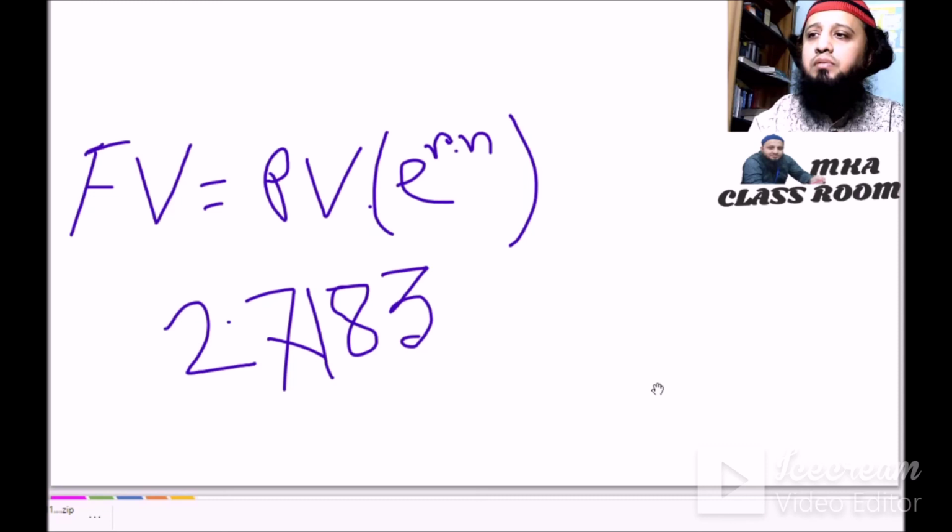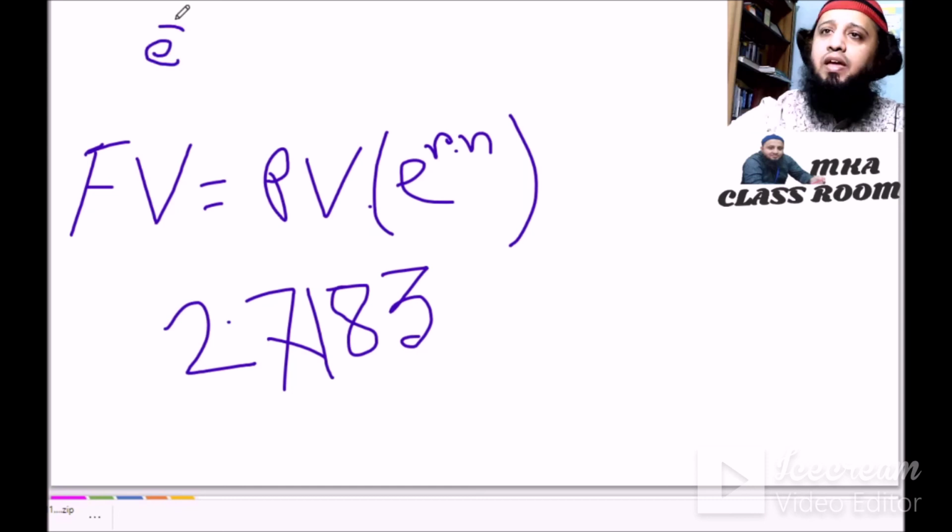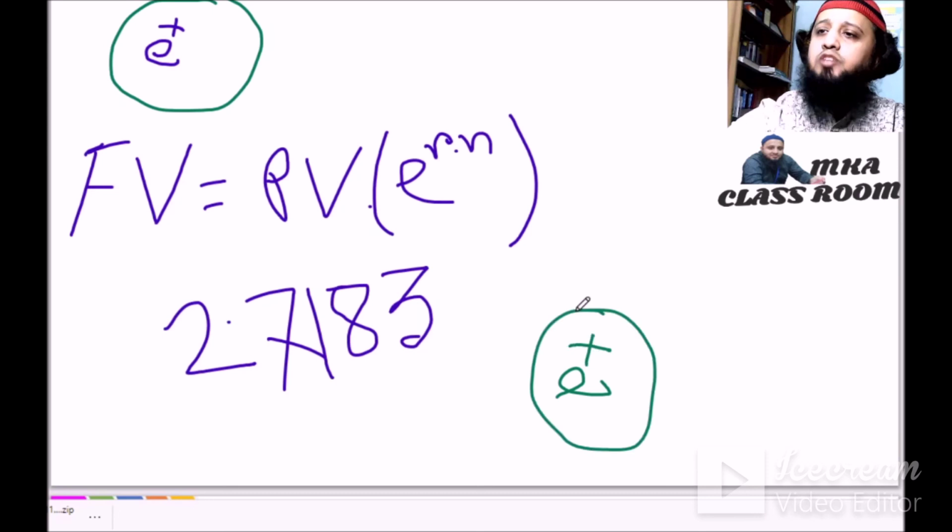A general scientific calculator has the exponential as e power x, or exponential power x.